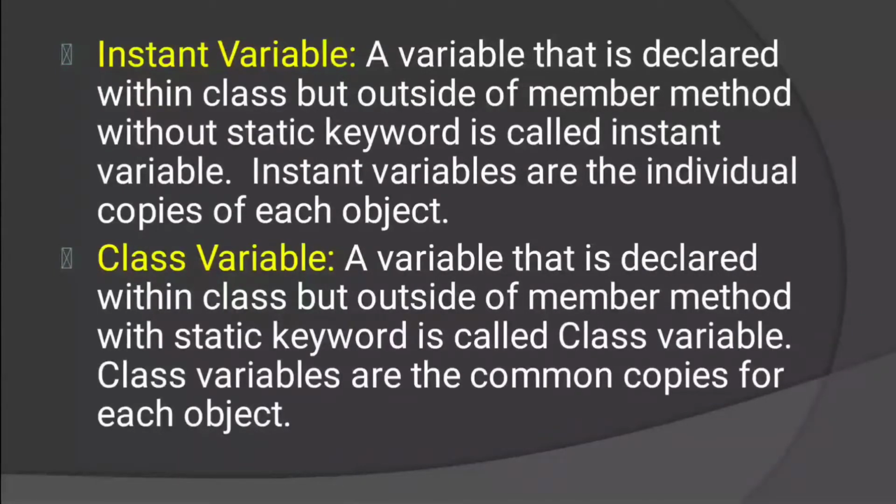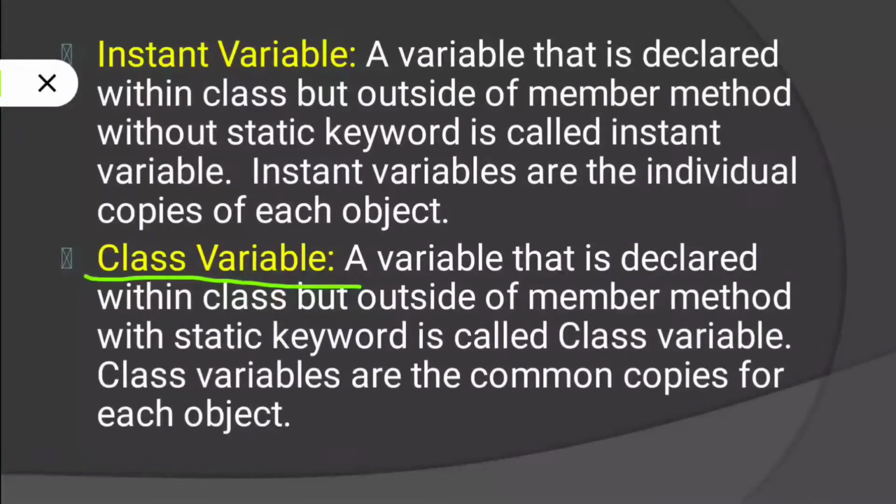Then class variable: a variable that is declared within a class but outside of a member method with the static keyword. It means instance variable and class variable are both declared under a class outside of the main function, but an instance variable is declared without the static keyword, while a class variable is declared using the static keyword.